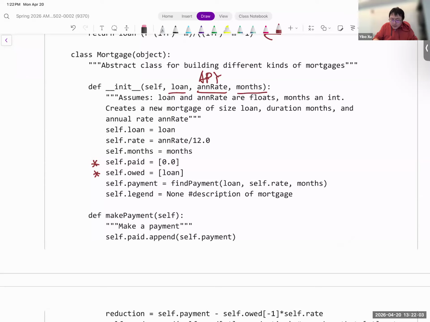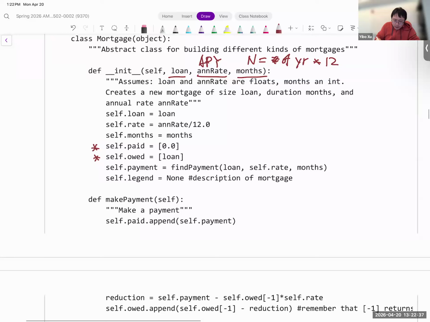The number of months is cap N, which is exactly the number of years times 12. If you are comfortable with making this modification, let's say for 30 years, it's going to be 360 that you plug in here. Otherwise, you can just directly utilize the modification. As an input, that's totally fine.